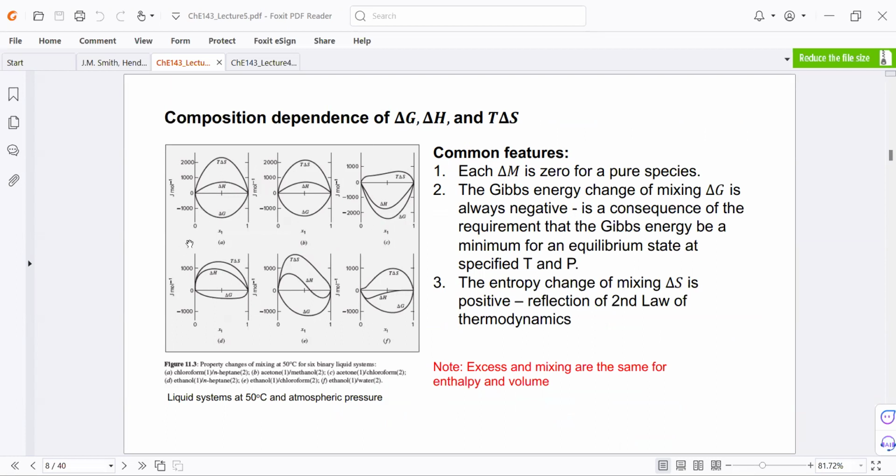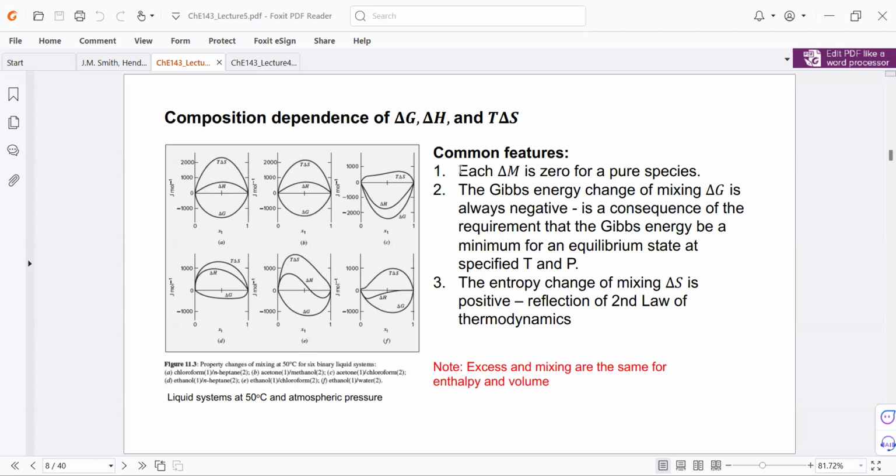Okay, so the graph right here on the left shows the properties delta G, delta H, T delta S of 6 binary liquid systems. The text is quite small, but these are different systems, and as you can see, the behavior is different for different systems. But despite that, they have common features.